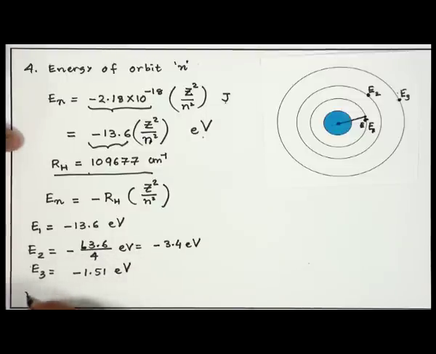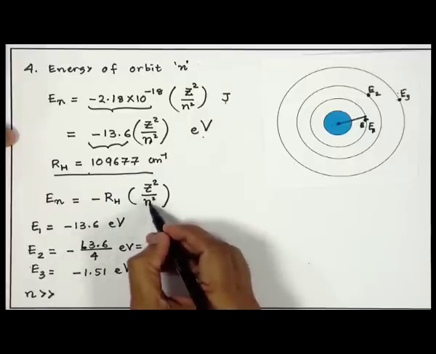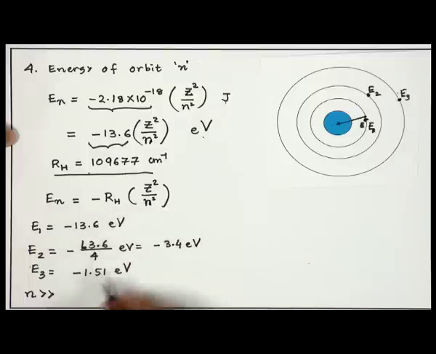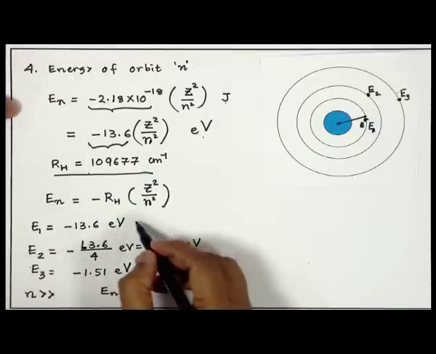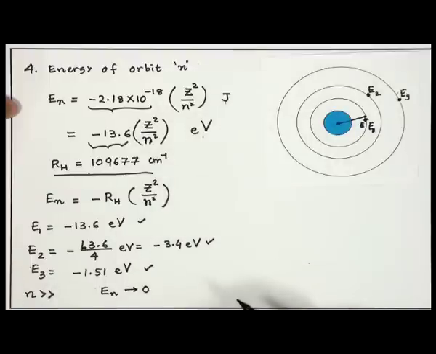If I go for a very large value of n, you see the energy decreases as n square. So, very soon when n is very large, E n goes to 0. One interesting thing that you would see is that the energy of these stationary states are all negative, and it approaches 0 when n tends to infinity.